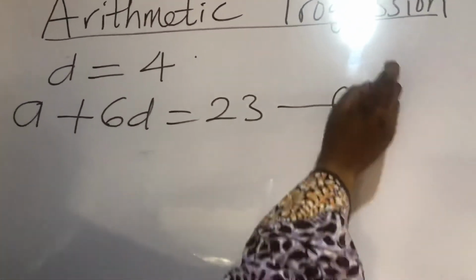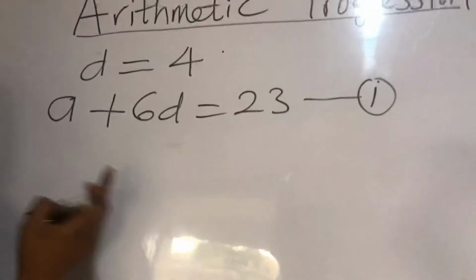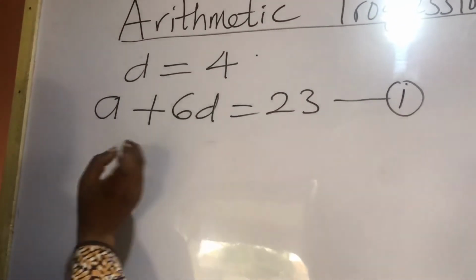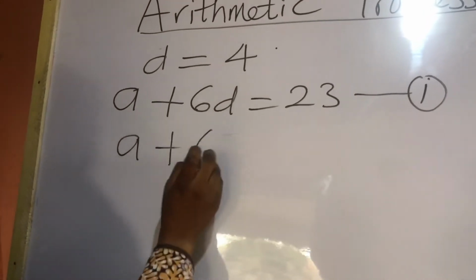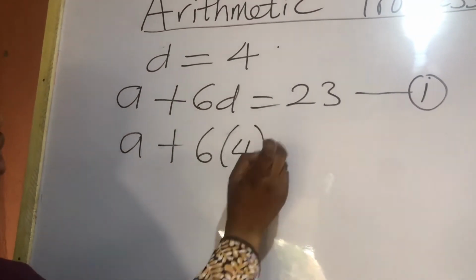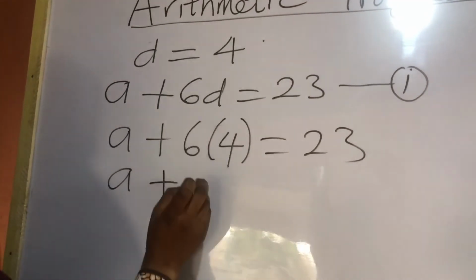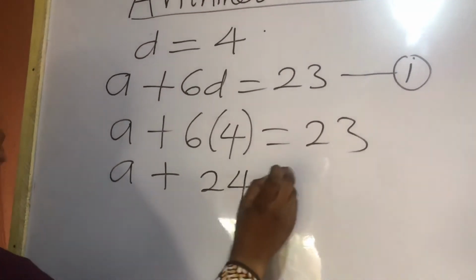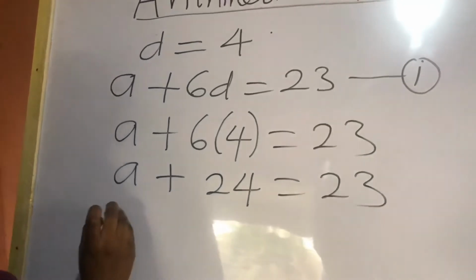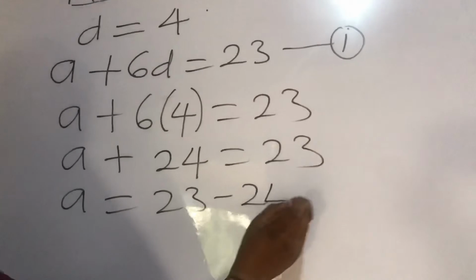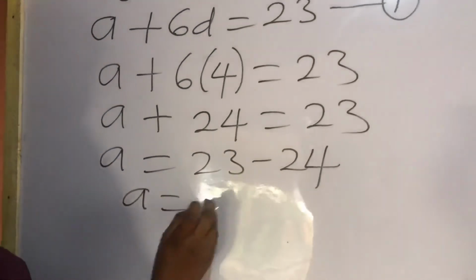Substituting, wherever we see D, we put 4. So A plus 6 multiplied by 4 is equal to 23. A plus 24 is equal to 23, so A is equal to 23 minus 24.